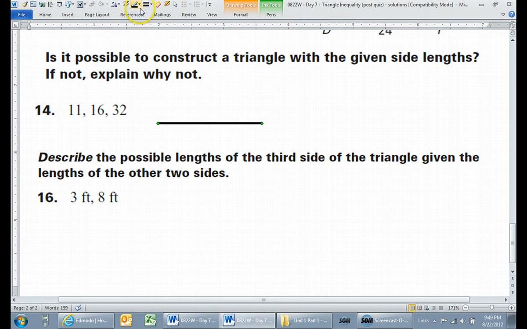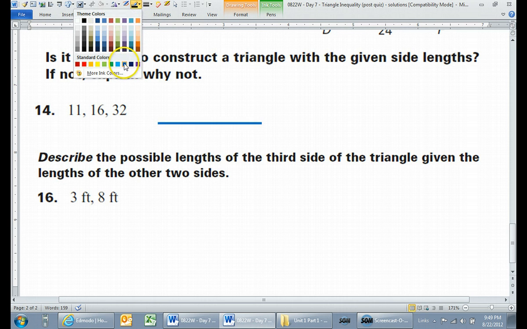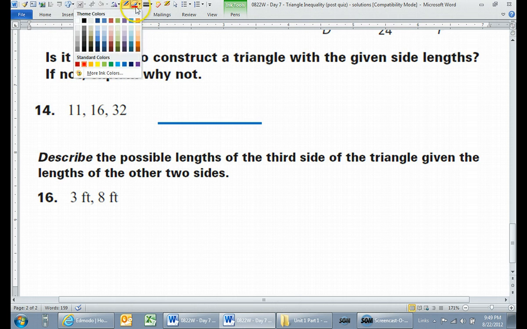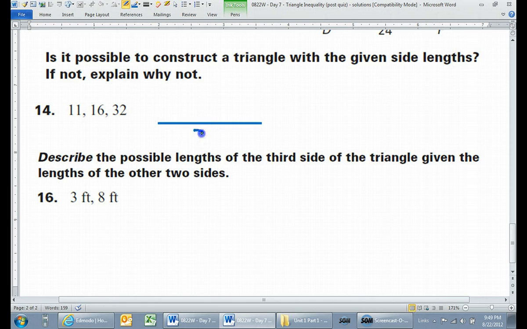All right. So let's say that's my 32. And then I've got this 11 and 16. Okay, so there's my 32.